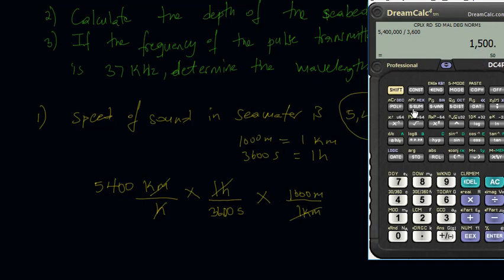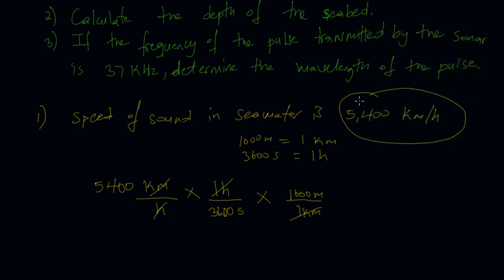So I can therefore write that speed of sound in meters per second is equal to, again, multiply across, divide by 3600, and I get 1500 meters per second. So that's my speed of sound in seawater in meters per second.